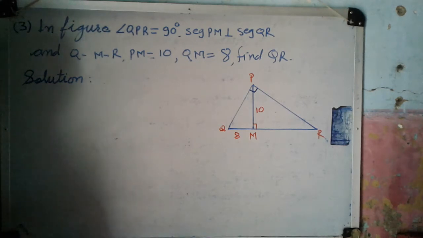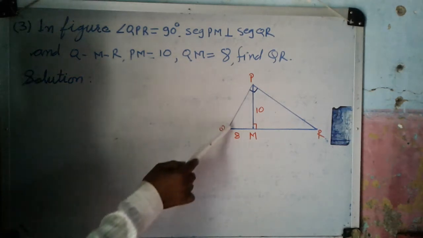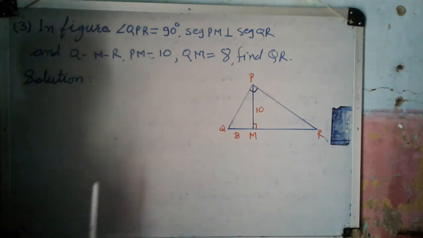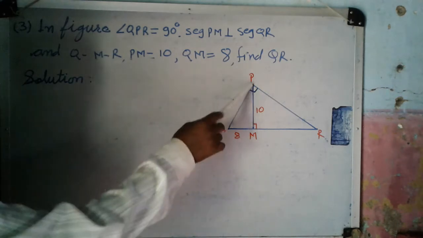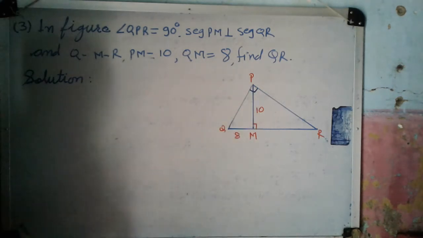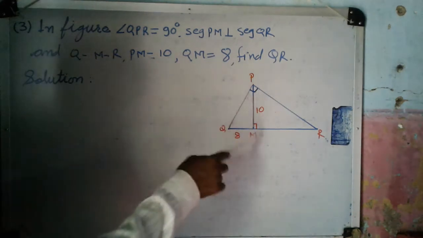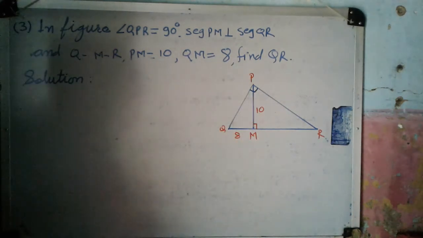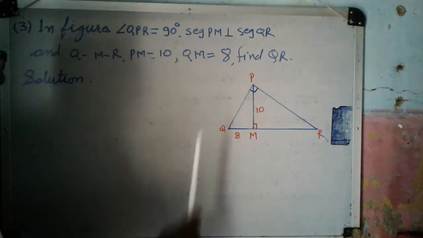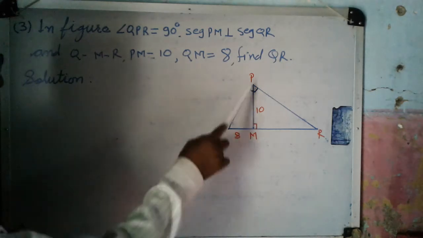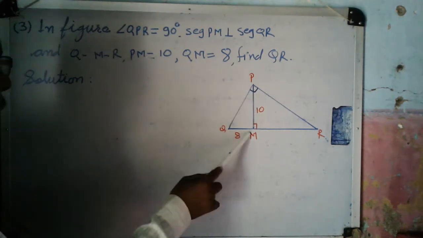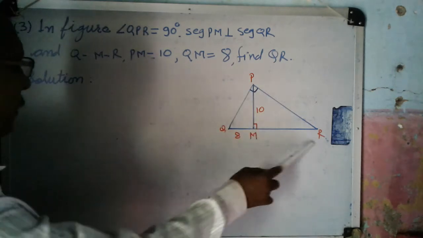Now see here, this is the original right angle triangle QPR, and QR is the hypotenuse. And here PM is the perpendicular drawn on the hypotenuse. And due to this perpendicular, we get two more right angle triangles, triangle PMQ and triangle PMR.